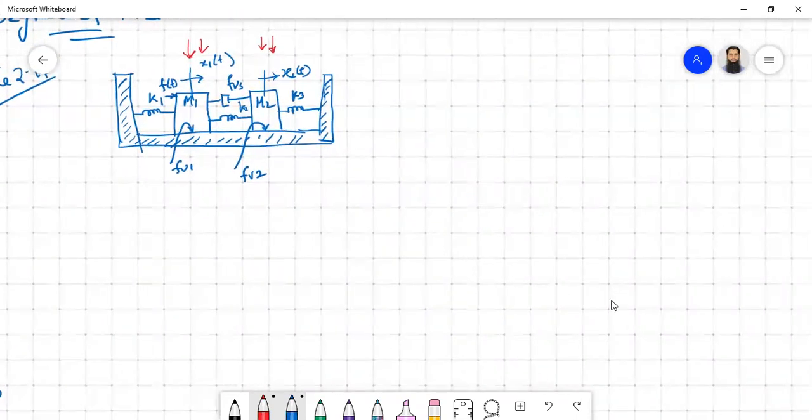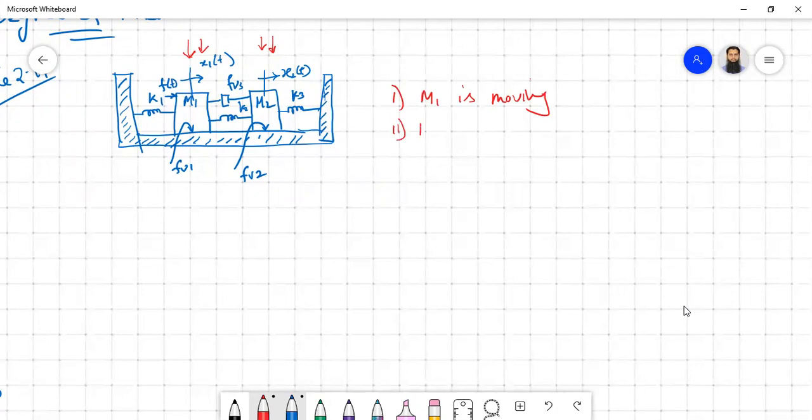Again, you have to draw a free body diagram for two cases. One case is when M1 is moving, and M2 is stationary.